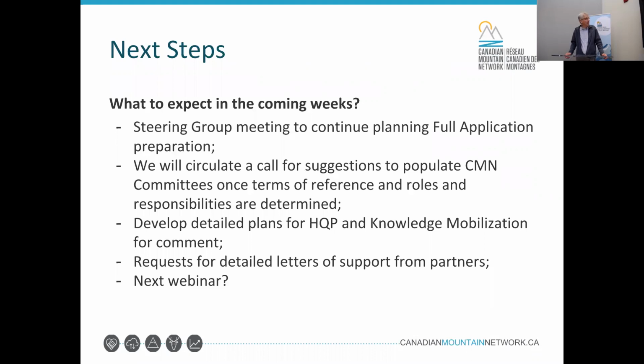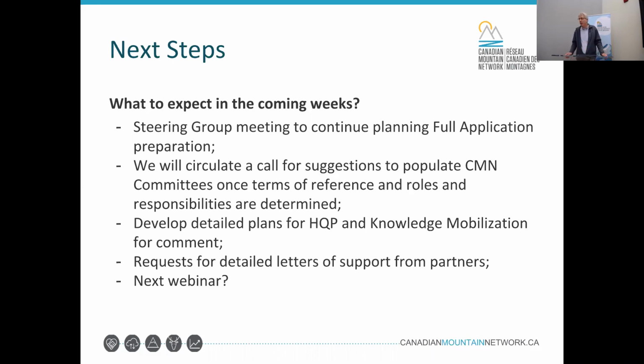And we also, more widely, will be circulating a request for names of individuals to build the governance and research program leadership of the CMN, the committees related to data management and things like that, and HQP.